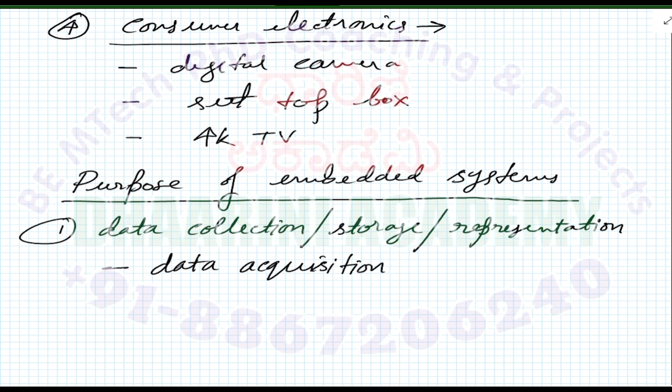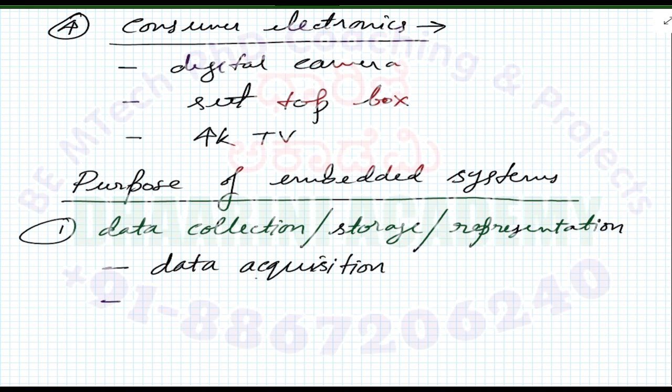Using embedded systems, you can collect the data. Already I mentioned one thing, that is analog to digital converters. There are several devices which convert your signals. So maybe you have to use a converter before you store it. Okay, data acquisition is collection.